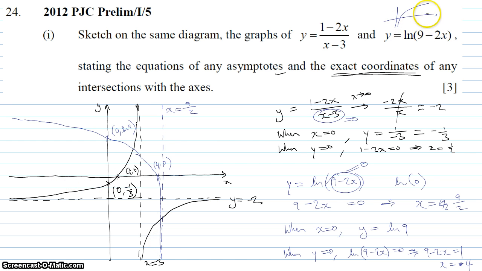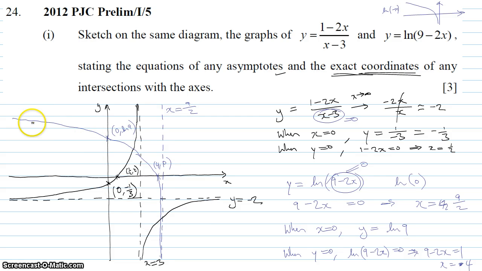Usually we think of the ln curve as going like that, but that is when ln x is positive. If I wanted to look at ln of minus x, that would have to go in the negative direction. That's what's happening here: I've got a negative sign in front of my x, which is why I'm going from right to left. So my graph should look something like this.